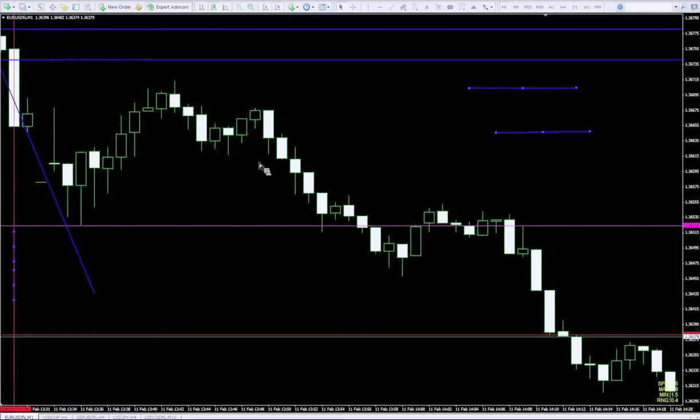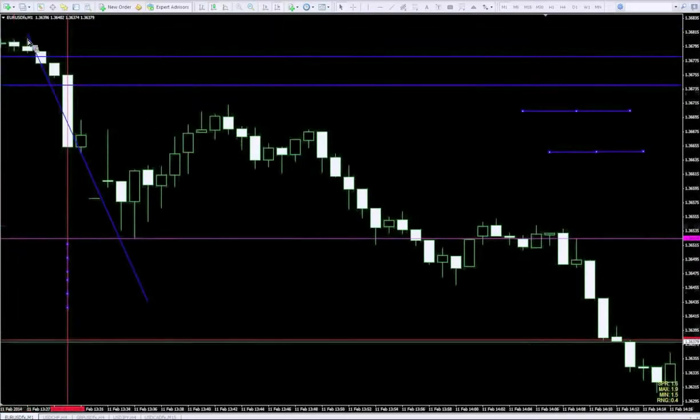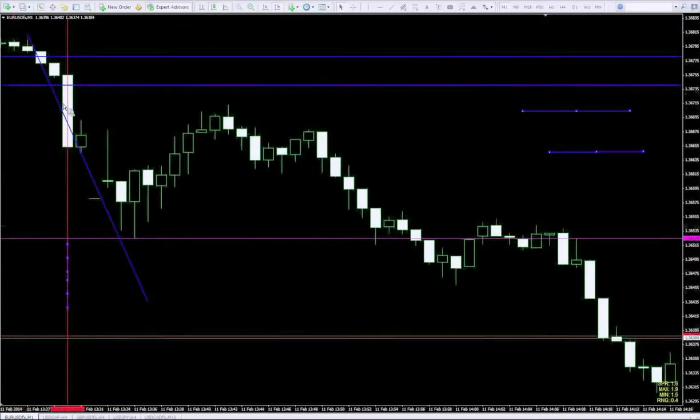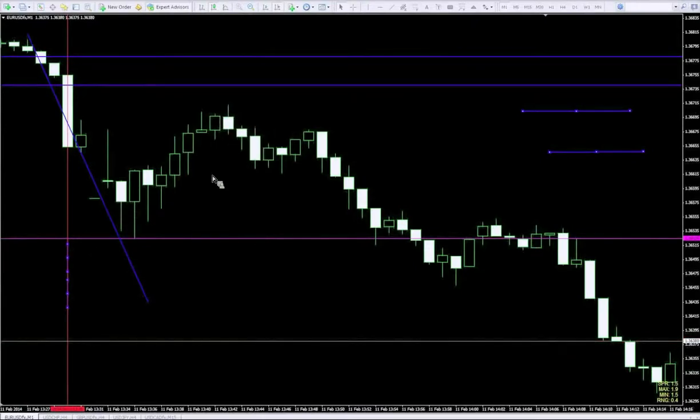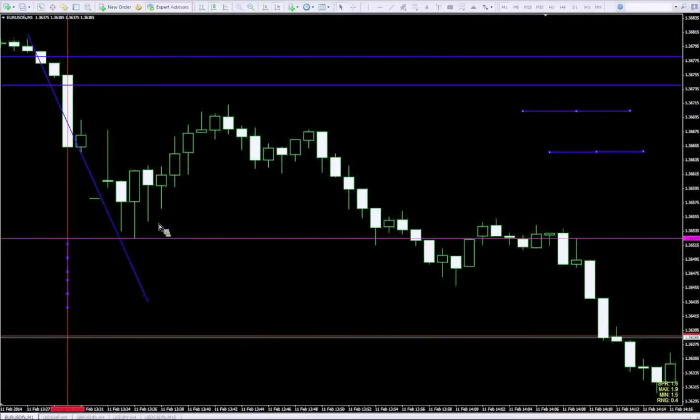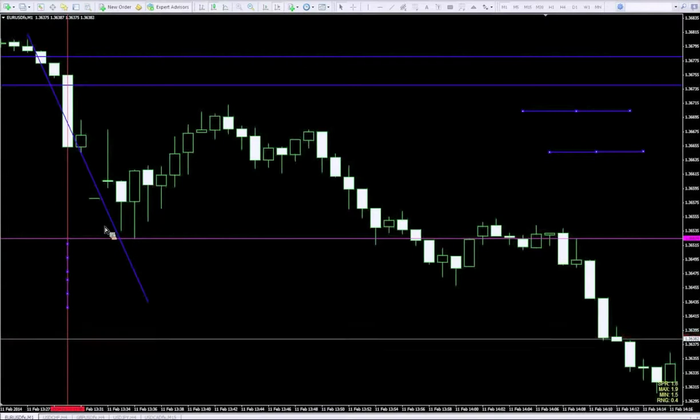Now, in order for this downtrend to continue, Jay, we have our downtrend, here's our pullback. When the market pushes back in the direction of the downtrend, we have to get a close below these candles. And you see that this push down did not close below this low.